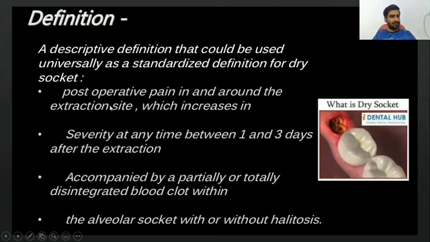Post-operative pain in and around the extraction site which increases in severity, so the severity of pain is going to increase as the days go by, at any time between 1 and 3 days after extraction, accompanied by a partially or totally disintegrated blood clot.